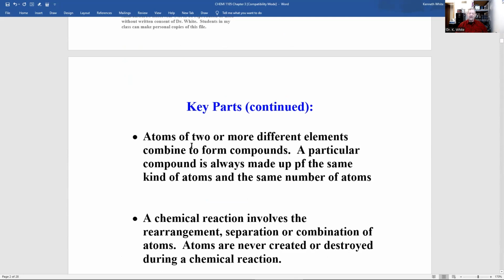Now, also, atoms of two or more different elements combine to form compounds. And a particular compound is always made up of the same kind of atoms and number of atoms, which means if you're here in Glen Ellen, water is H2O.